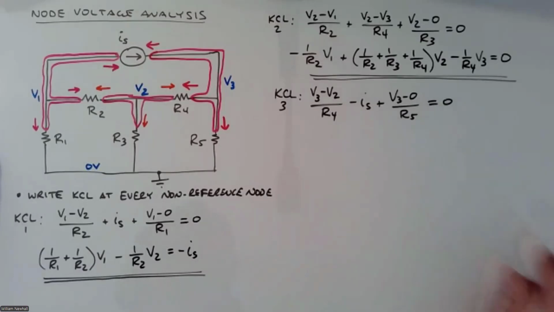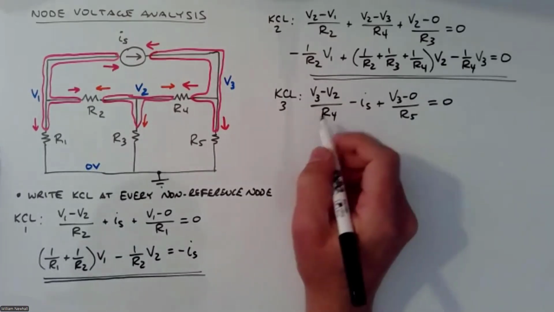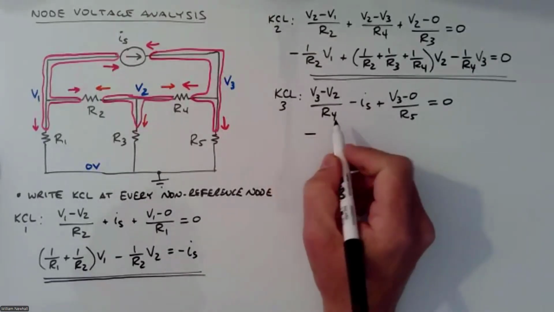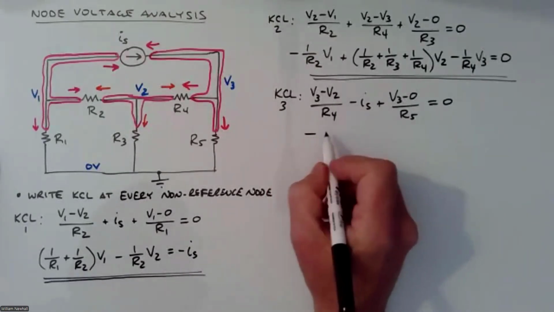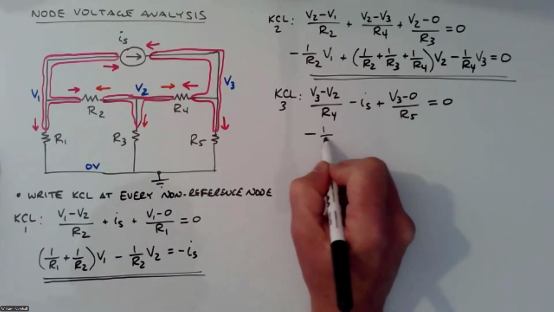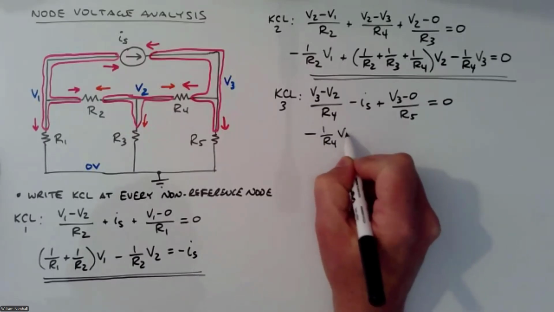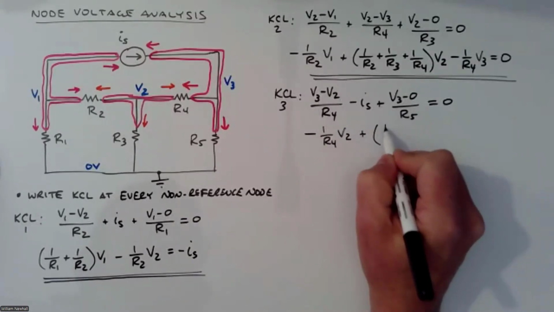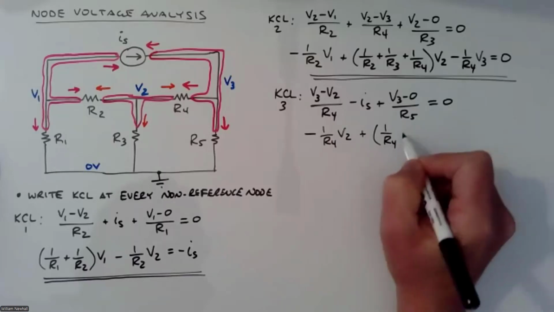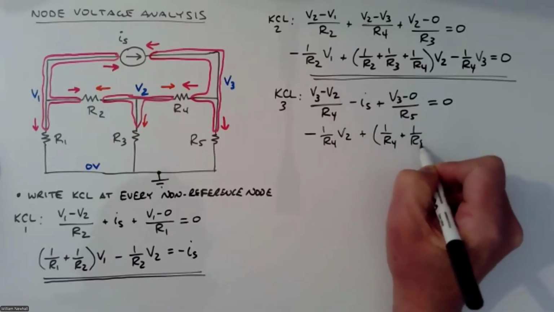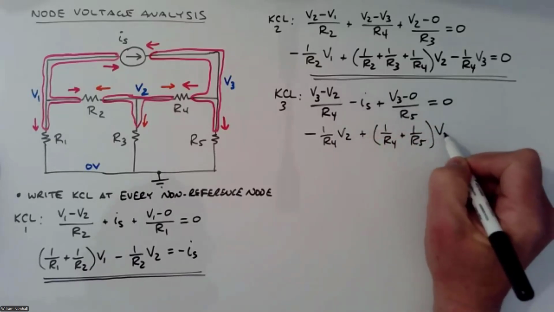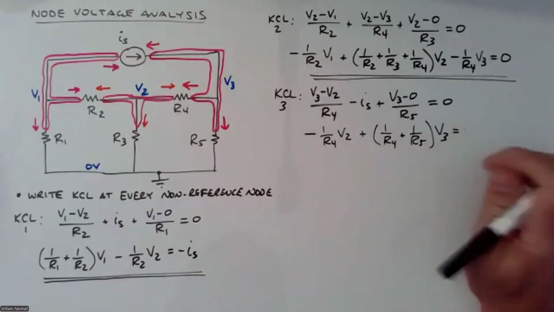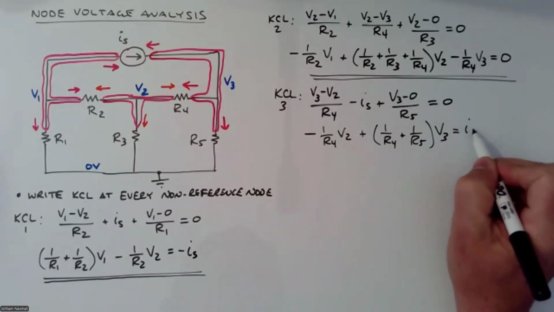That equals 0. Let's rearrange this into something a little more pleasant to put in a matrix or an equation solver. So minus 1 over R4 V2 plus, let's see, we have an R4 and R5, 1 over R4 plus 1 over R5, that's times V3 equals, move IS to the other side, get IS.